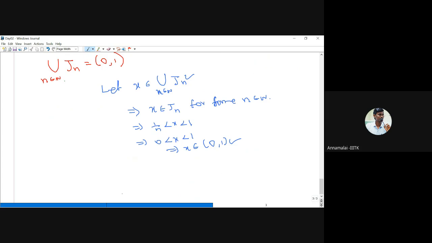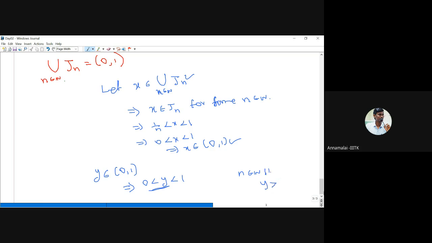Now conversely, we take an element y in the open interval (0, 1). We have to prove that y belongs to the union. So it is enough to prove that y belongs to one of the Jn's. From this, y belongs to here, therefore 0 is strictly less than y, strictly less than 1. We know by the Archimedean property that given any positive real number, we can find a natural number n such that 1/n is less than y.